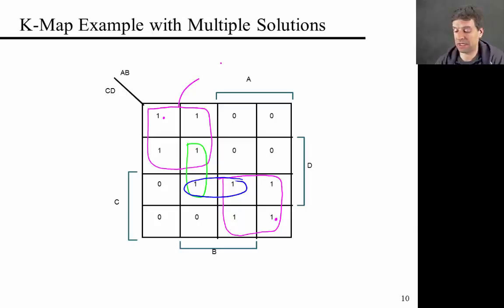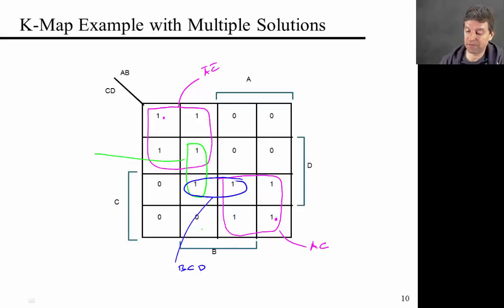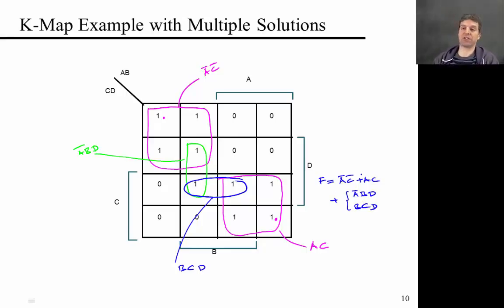This circle up here is not A, not C. This one down here is A, C. The other two circles: this one is C, B, C, D, and this one here is B, not A, B, D. So the overall function you could write down is F equals not A, not C, or AC, or, using these curly brackets, not A, B, D, or B, C, D. Either of these two expressions is correct and is a minimal solution of that kmap.